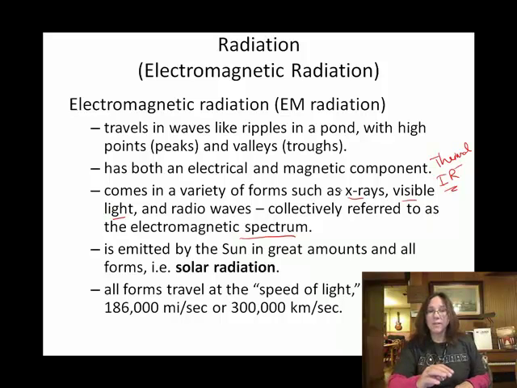And all of these different members of this broad family of radiations travel at the speed of light. The speed of light in the English system is about 186,000 miles per second. Metric speaking, it's 300,000 kilometers per second.